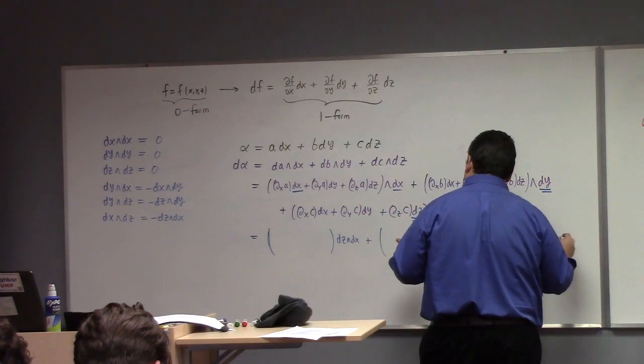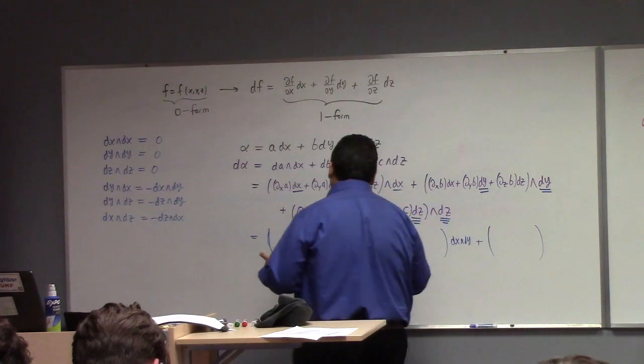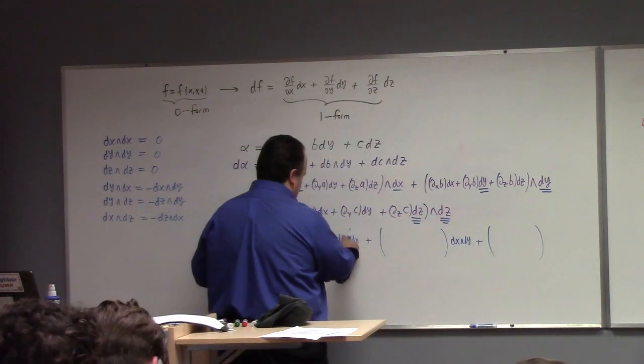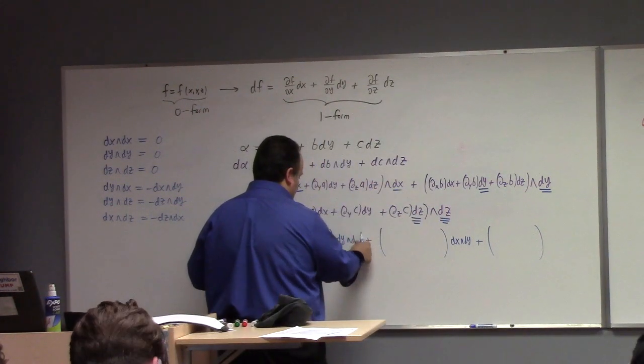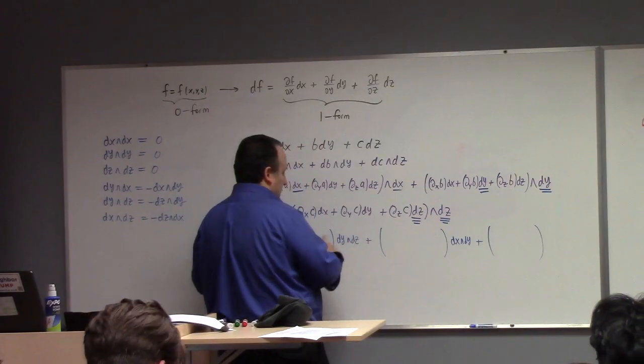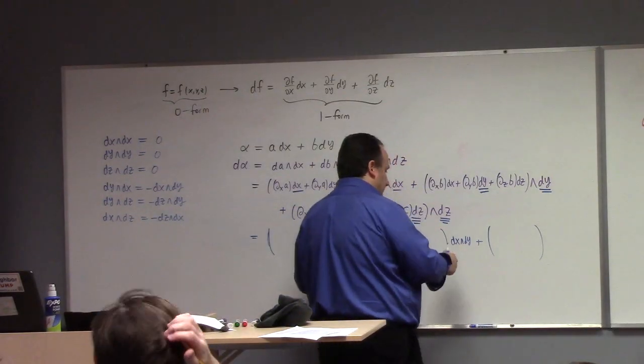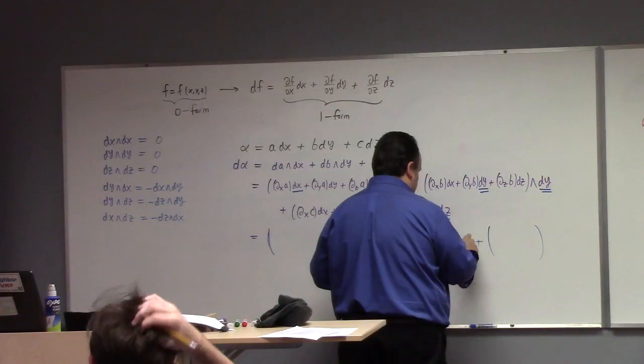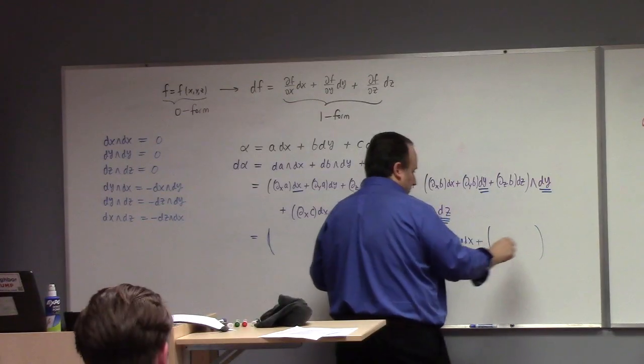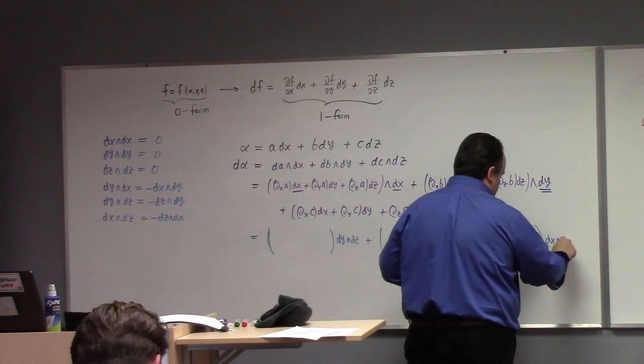These are kind of out of order from my preference. My bad. Let me switch this around. I'm gonna put the dy wedge dz terms first, and then the dz wedge dx terms here, and then the dx wedge dy terms over here, right?